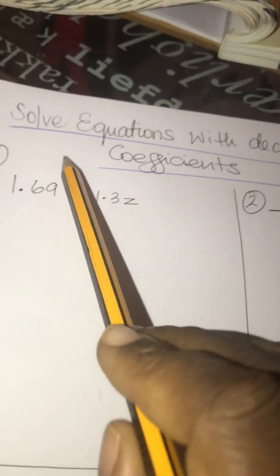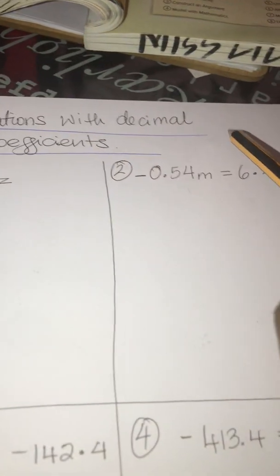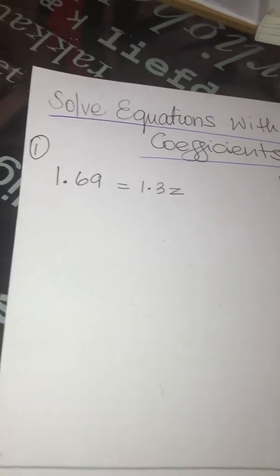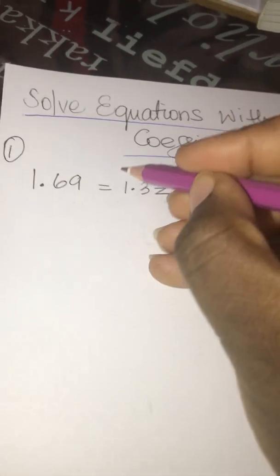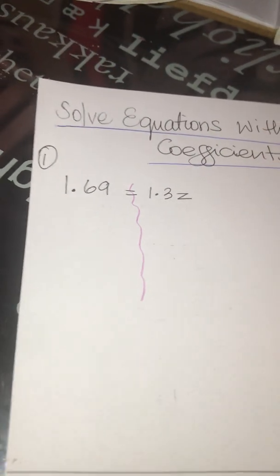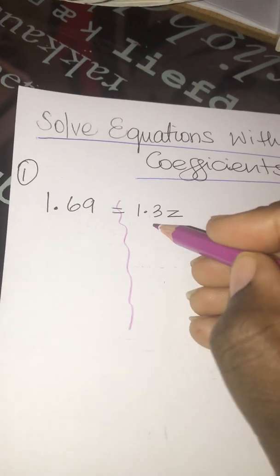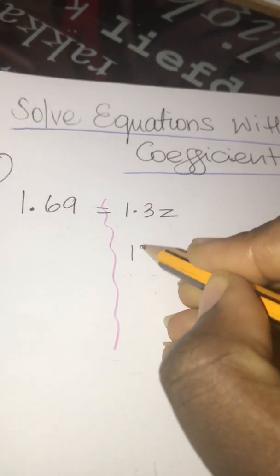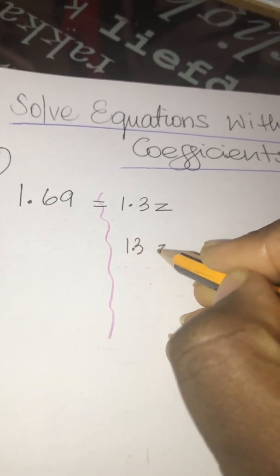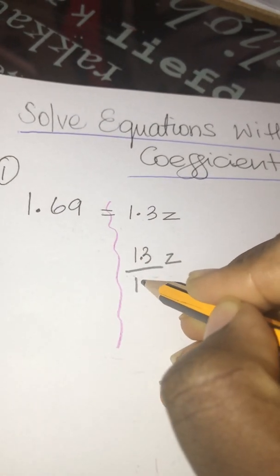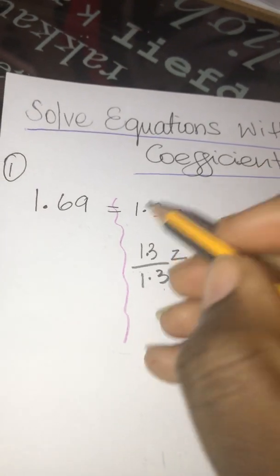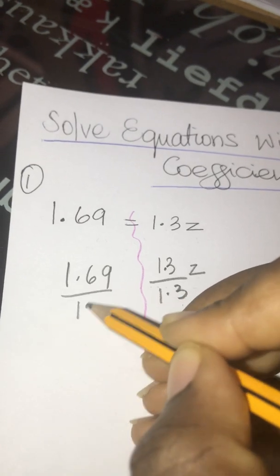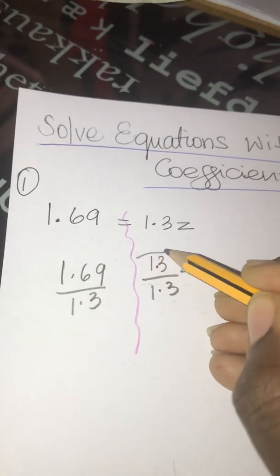Now let us do here, solve equations with decimal coefficients. The same thing, my coefficient, my variable. I draw my bridge, okay? So here I will write my coefficient over itself. So I'm dividing on both sides, and 1.69 divided by the coefficient.